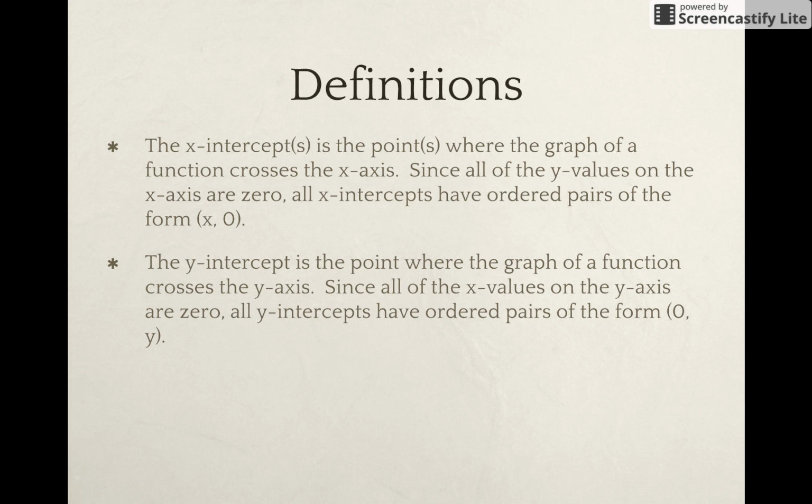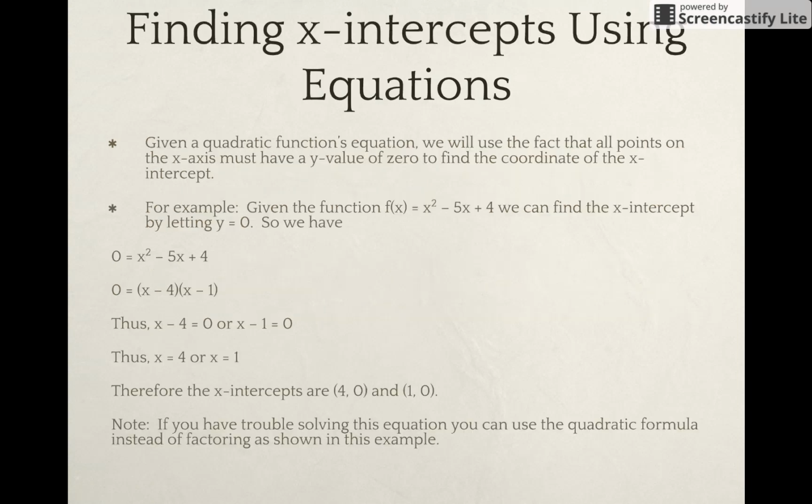And so anytime we have an x-intercept, it will be an ordered pair of the form (x, 0). The y-intercept is the point where the graph of a function crosses the y-axis. Since all of the x values on the y-axis are 0, then all y-intercepts will have ordered pairs of the form (0, y).